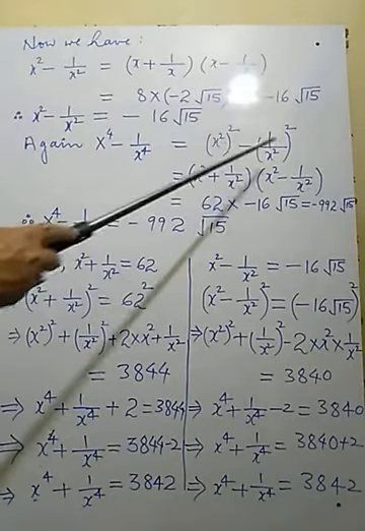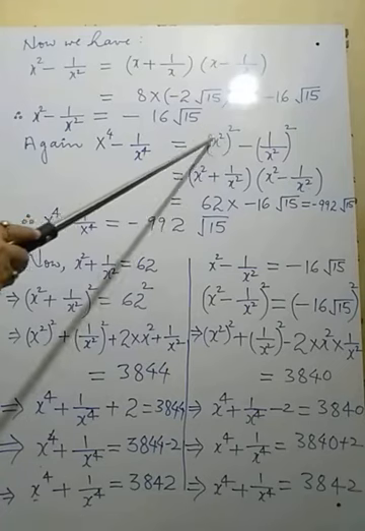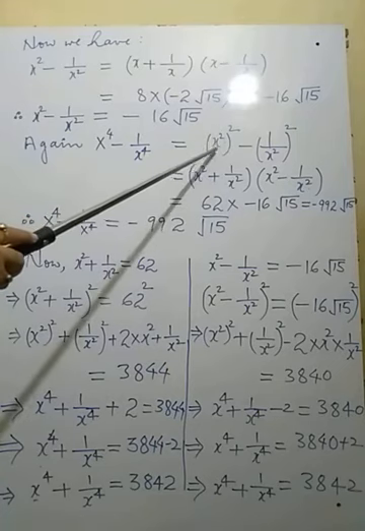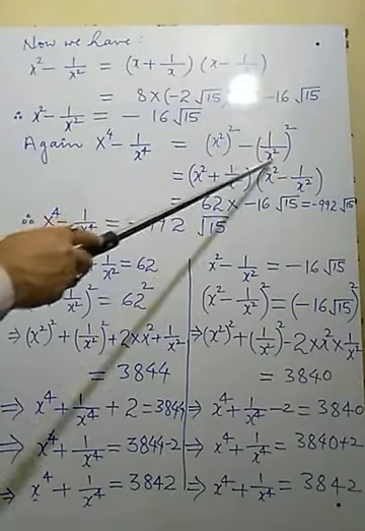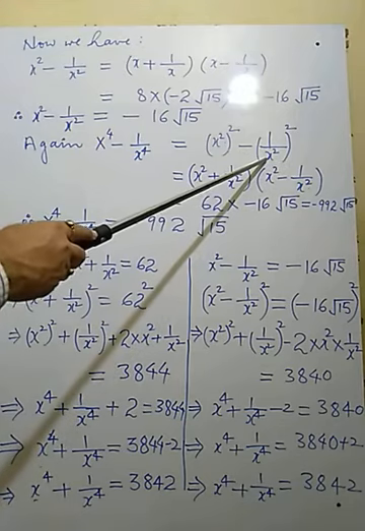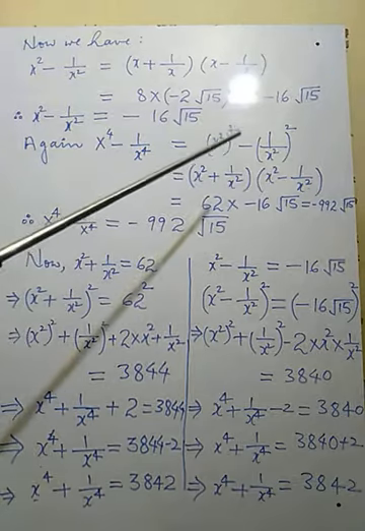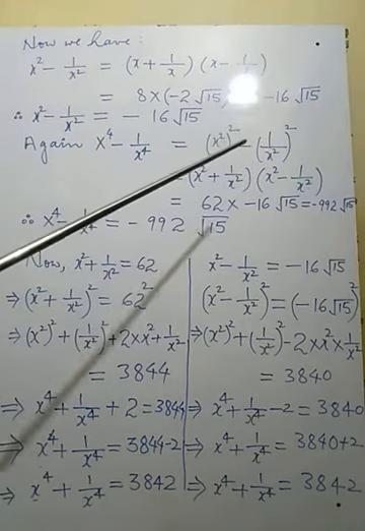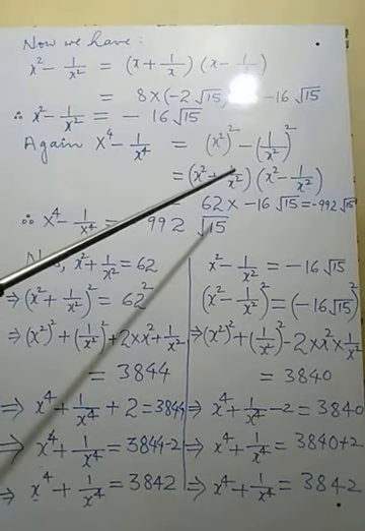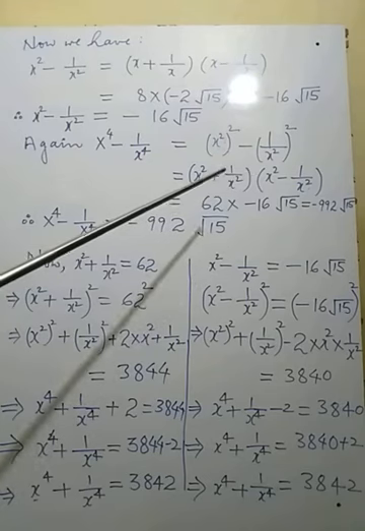We may write this. Now the first is treated as a, and the second is b. So a square minus b square, and we know the identity: in one bracket it will be a plus b, in the second bracket a minus b.